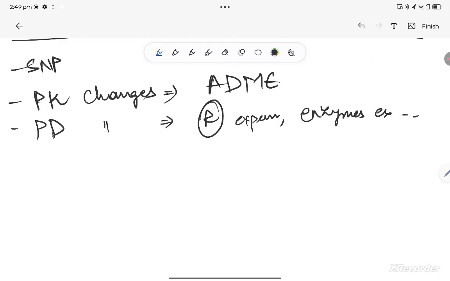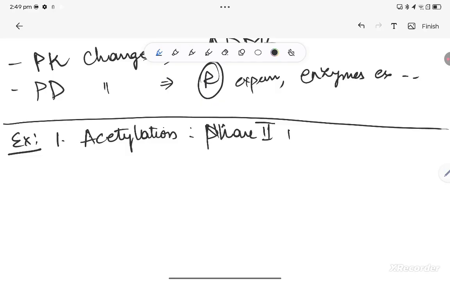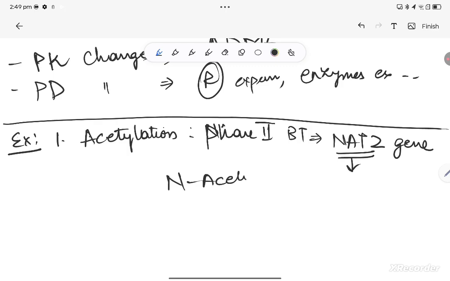Clear. We understand pharmacogenomics primarily with certain examples. One such example is acetylation. Acetylation is part and parcel of phase 2 biotransformation reactions. It is mediated by the NAT2 gene, which is responsible for expressing the enzyme N-acetyl transferase.